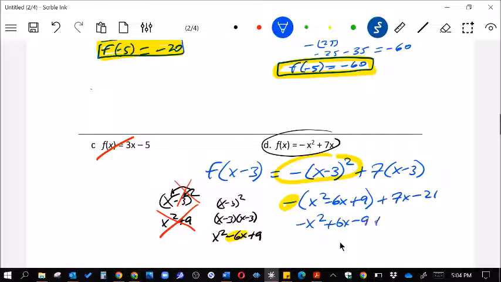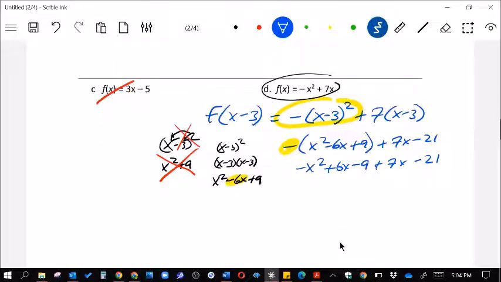So negative x squared plus 6x minus 9 plus 7x minus 21. And then you combine the like terms. So the function of x minus 3 is equal to a negative x squared, because it's the only one that's squared. And these two can be put together for 13x, and then these two can be put together for negative 30.